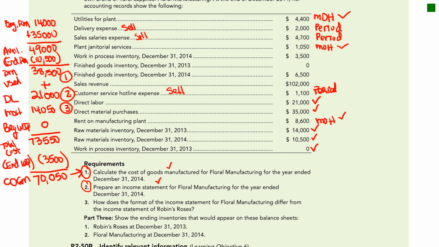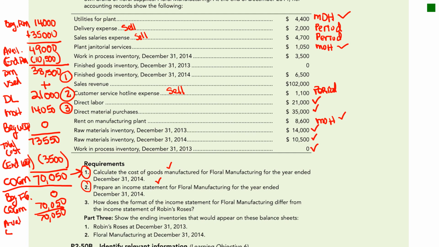Now, before we get to the income statement, let's figure out our cost of goods sold. So we need beginning finished goods. So our beginning finished goods, again, in this case, it looks like it is 0. We're going to add the cost of goods manufactured to that, which we just got was $70,050. That gives you $70,050 available.